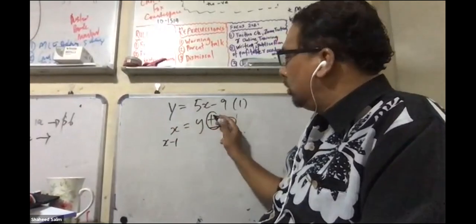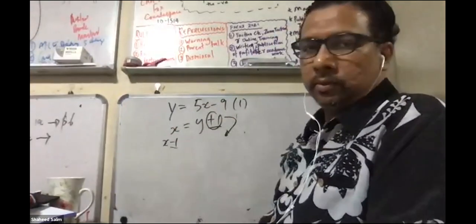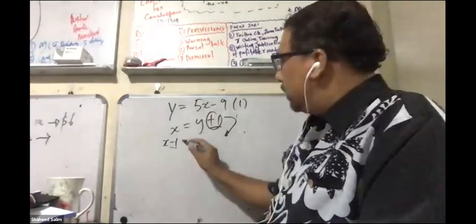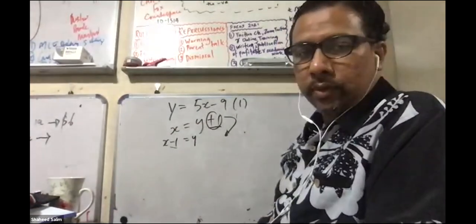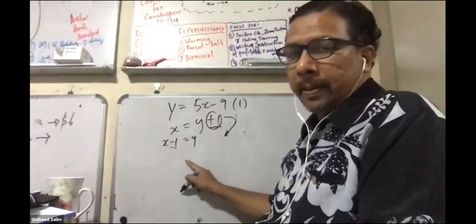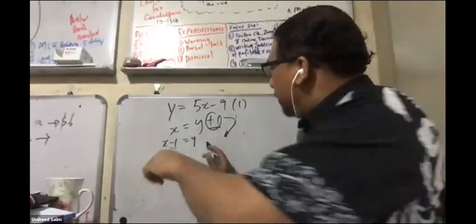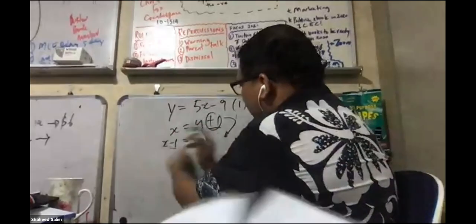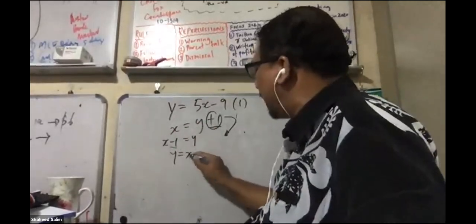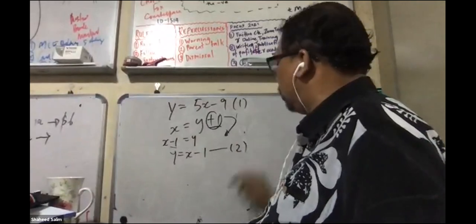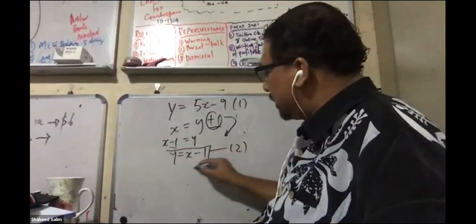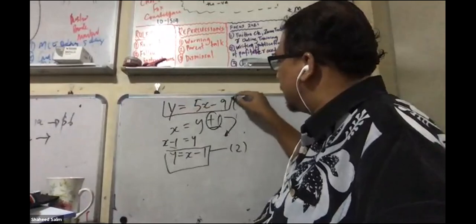Ryan, you bring over, it becomes minus 1, equals y. Can you see now? Then I arrange it this way: y equals x minus 1. This is equation 2. Can you see that now the format is the same?